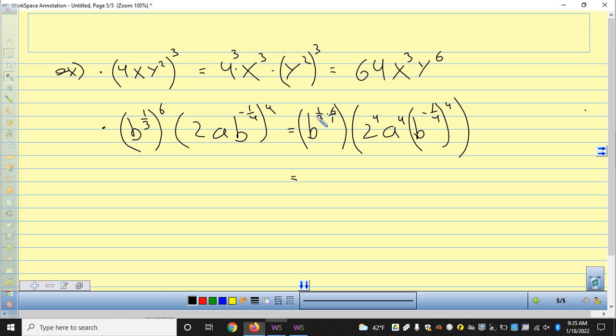Well, now let's deal with this. B to the 1/3 times 6 over 1, multiply straight across. B to the 6/3. We'll deal with that in just a second. 2 to the 4th. 2 times 2 is 4, times 2 is 16, times 2 is 32. A to the 4th. Negative 1/4 times 4 times 4 over 1.